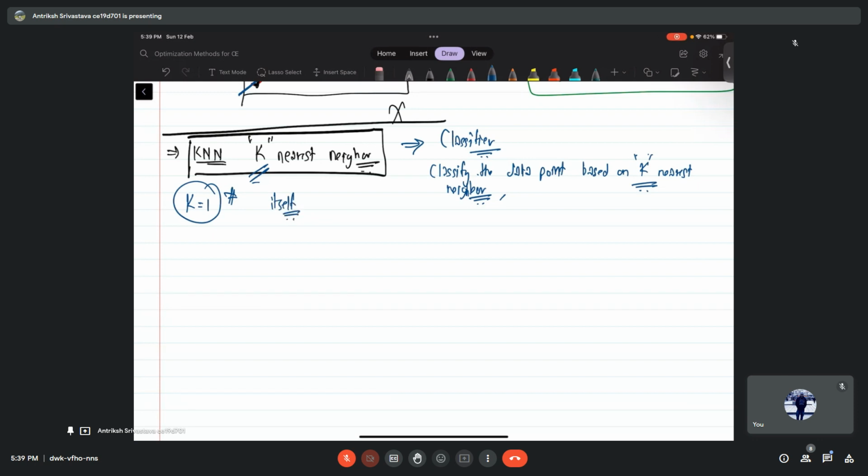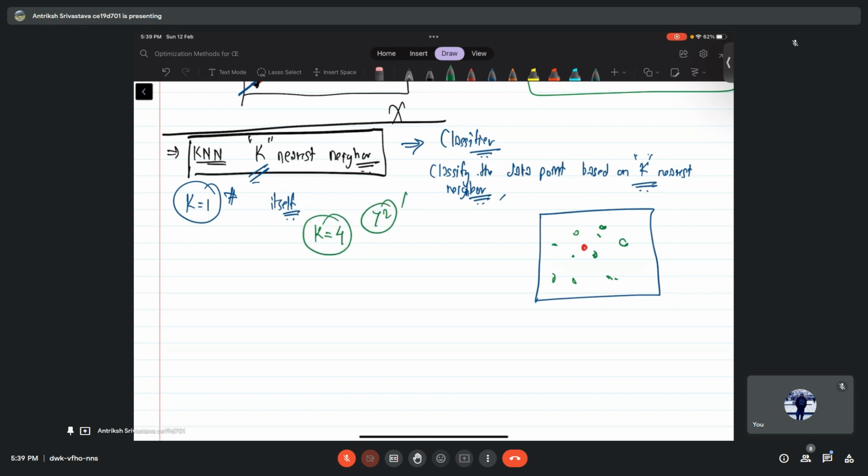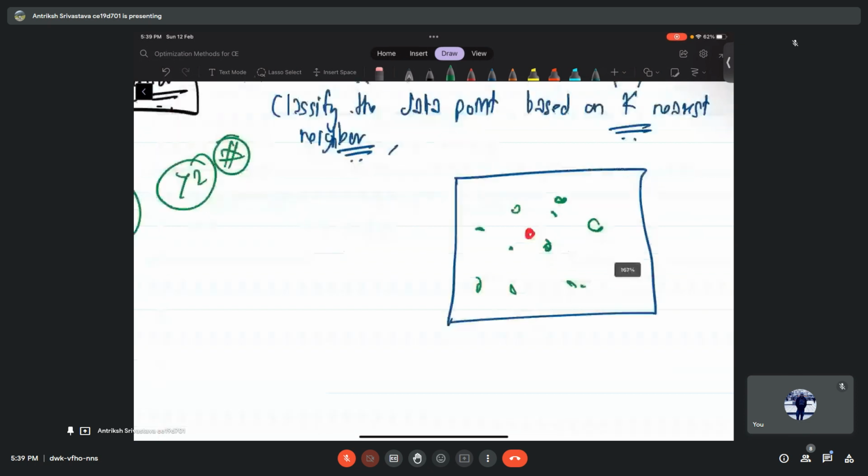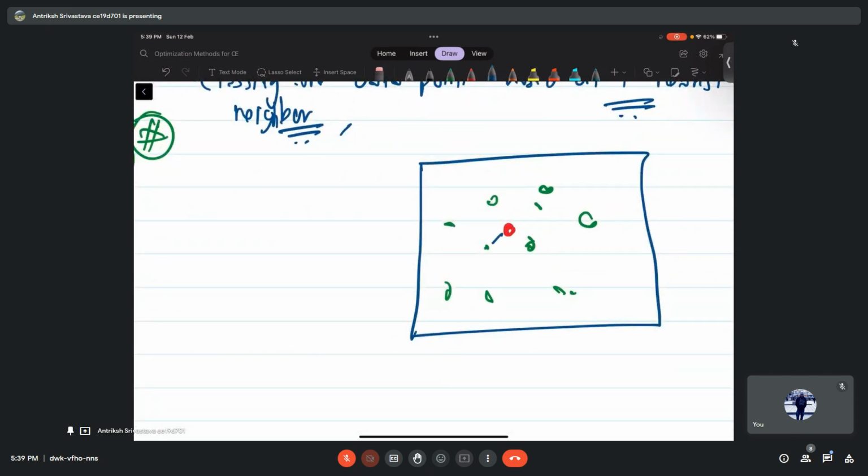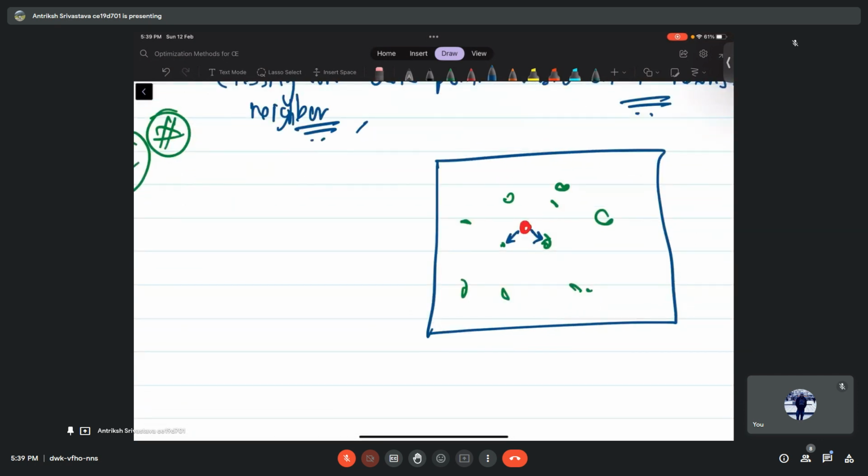Okay, so what does this signify? Let's say I have a bunch of green points arranged, and I have a red point in between. Now if I use k nearest neighbor and I set the value of k as 4 or anything greater than 2, it is going to see these 2 points, and so we have chosen 4, and this is the third point that is nearest to this, and along with its own property it is going to check their property.